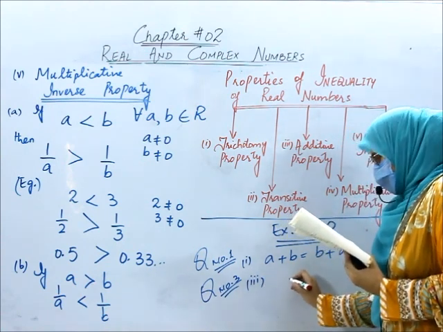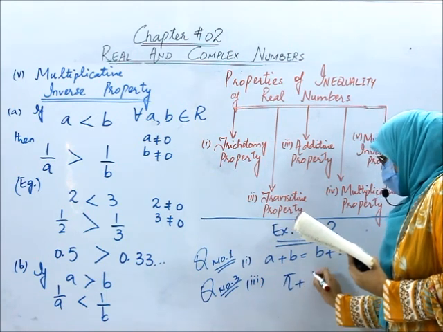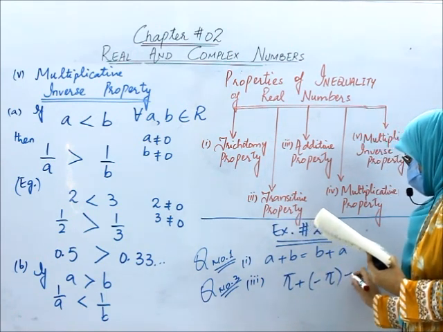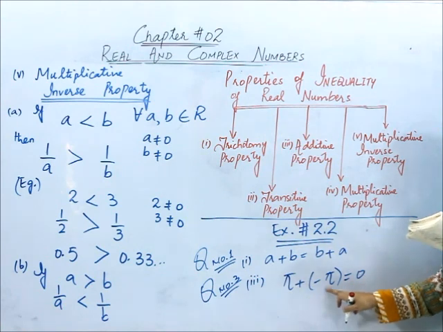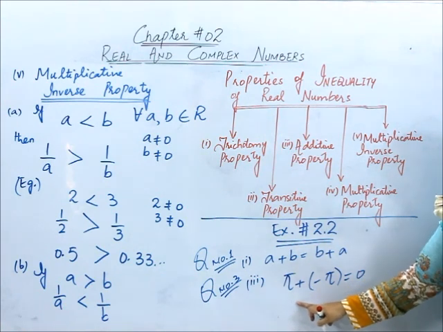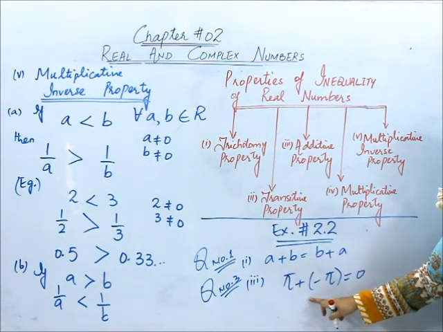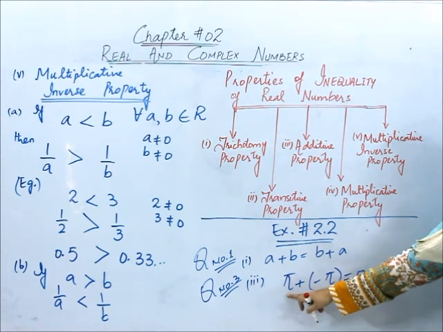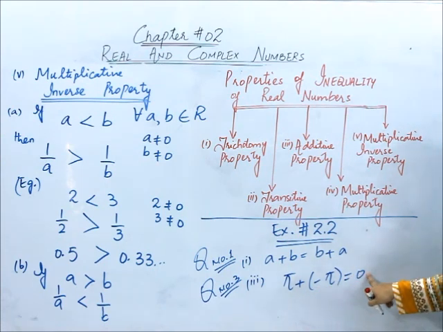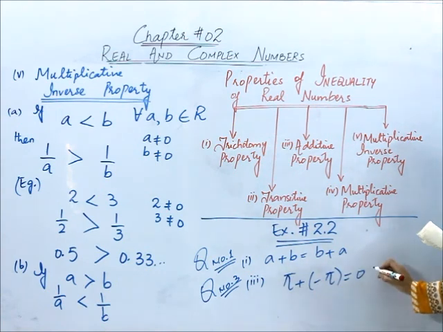Third part of this question is pi plus minus pi is equal to 0. That is, when we add the inverse of a number to a given number, our answer is the additive identity. So which property is this? This is additive inverse. Do you remember this property? Yes, this is additive inverse.